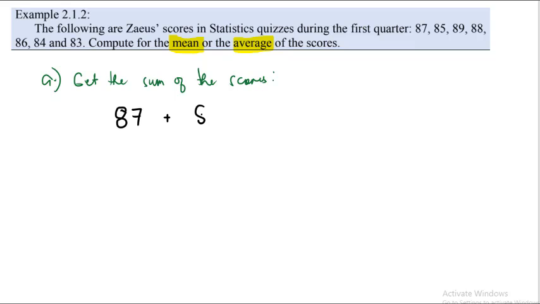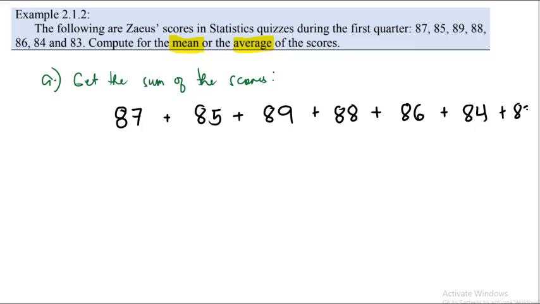That is, 87 plus 85 plus 89 plus 88 plus 86 plus 84 plus 83, and we will obtain 602.